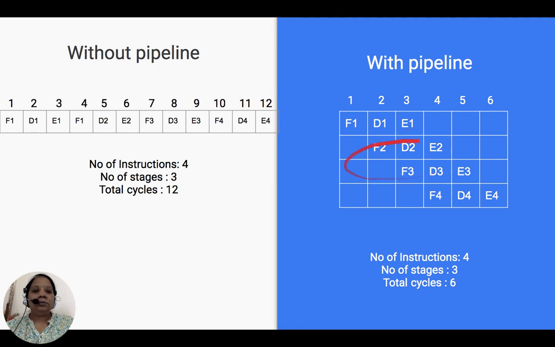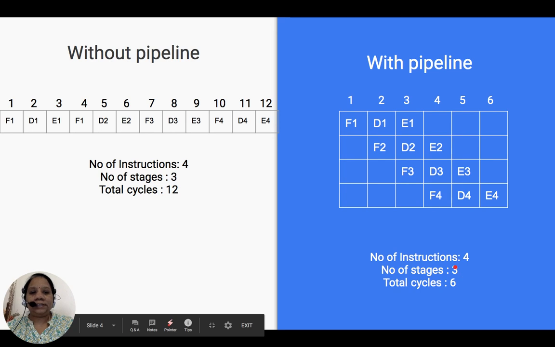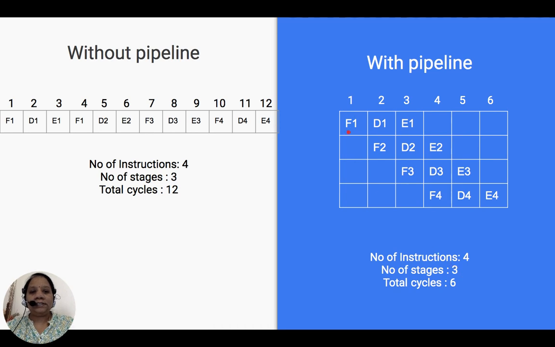Now coming to the ARM processor which has a pipeline, you can see the same 4 instructions, all executed in 3 stages. The first instruction is fetched in clock cycle 1, decoded in clock cycle 2 and executed in clock cycle 3.